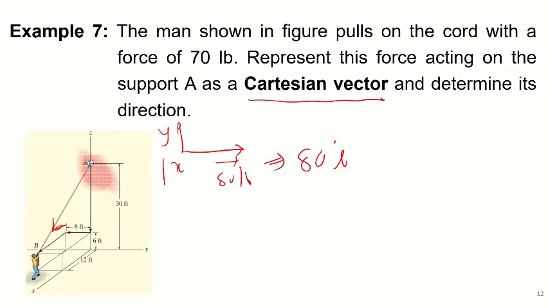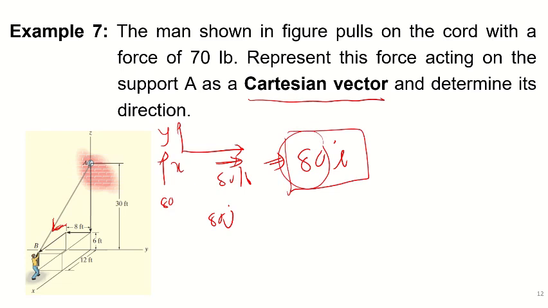If it is in the y direction, say it is 80, then we can say it is 80j, right? Since we know the unit vector in the x direction is i, we can simply multiply the magnitude of the force by the unit vector, then we can get the Cartesian vector form, right?